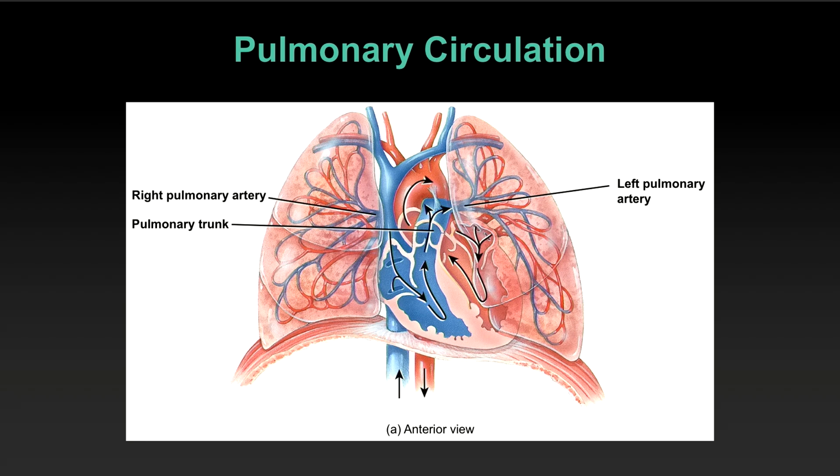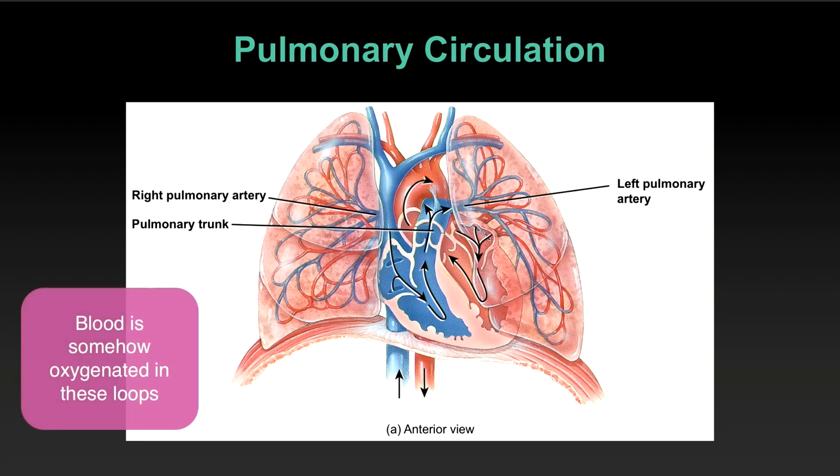But this doesn't really help us understand capillary exchange at the lungs any better. Somehow, blood is then oxygenated in these loops. There's loops in the lungs, which is really not the proper orientation. I'll show you a better depiction of that in a second. But somehow blood is oxygenated in all of these little looping strands. Maybe.